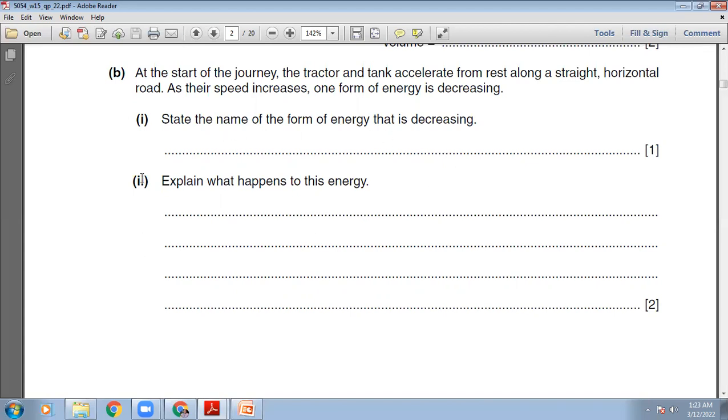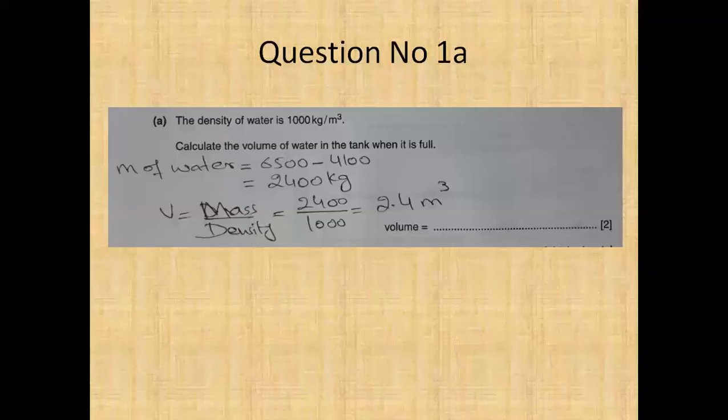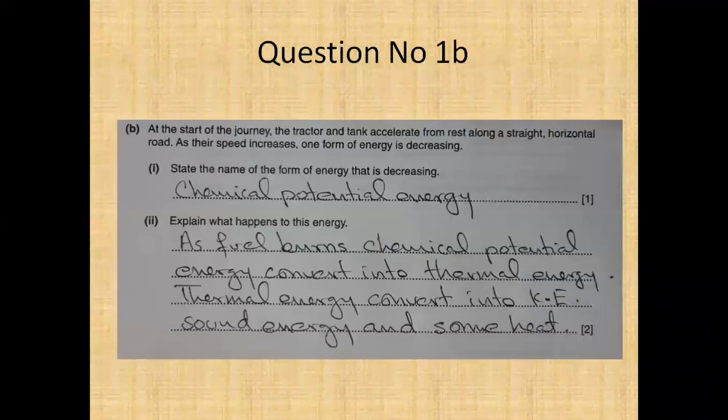Then it says, explain what happens to this energy. You see, in the engine of the tractor, the fuel is burnt, so that chemical potential energy converts into heat energy, and that heat energy is then converted into kinetic energy, some sound energy, and some heat. So let me show you my answer. Here we go.